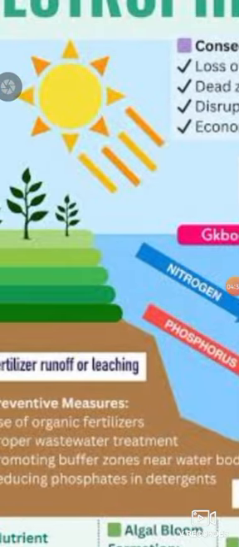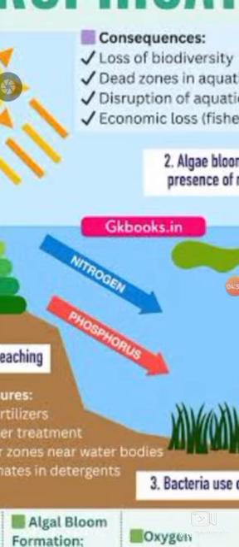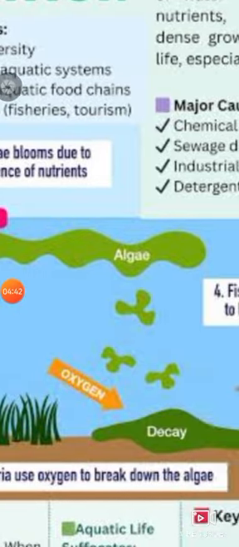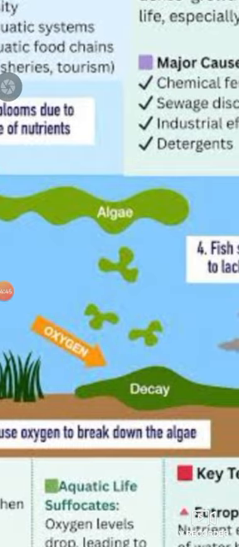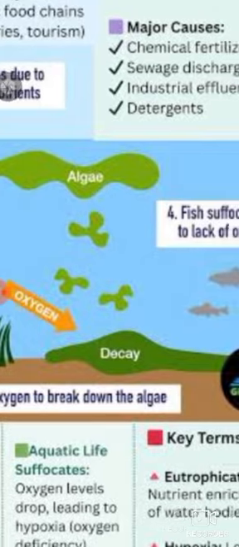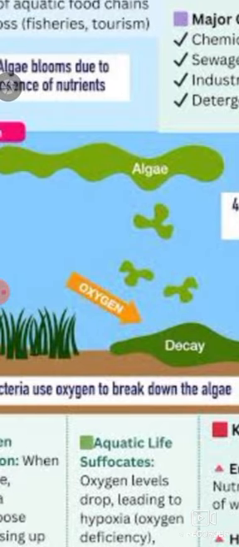Sunlight can no longer penetrate this water to get to submerged plants and phytoplankton under the water surface. Because they are deprived of sunlight, they cannot survive. So these plants, with time, die.